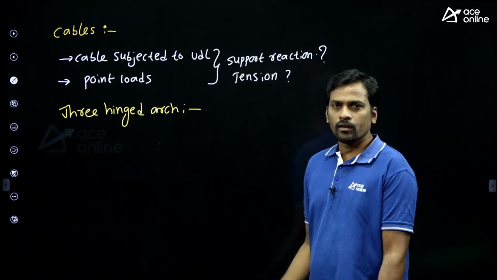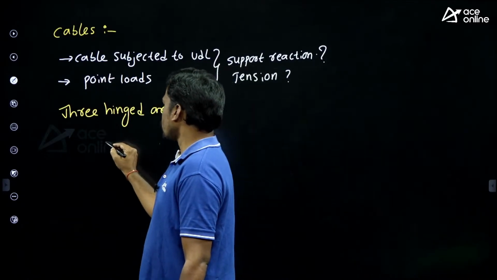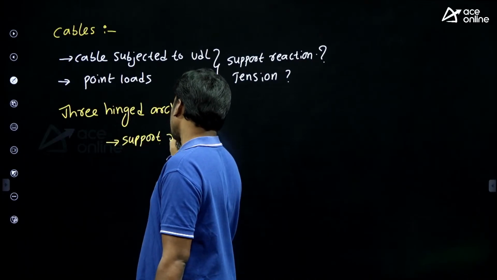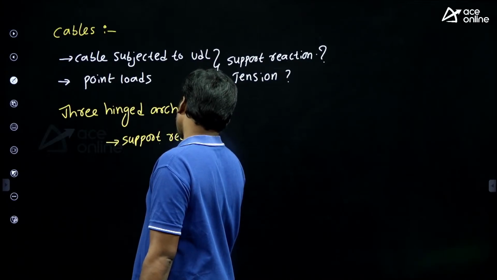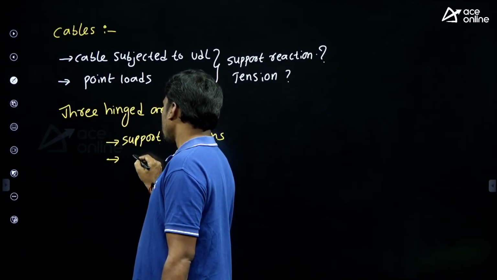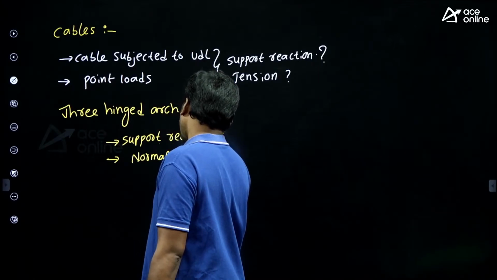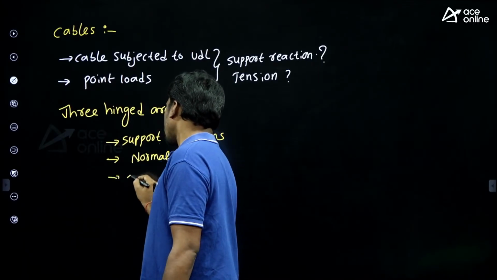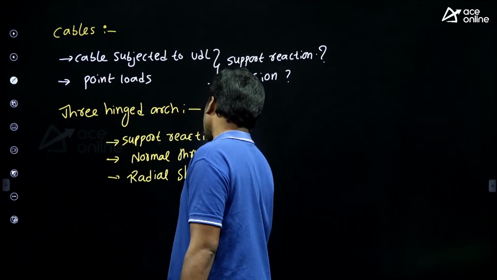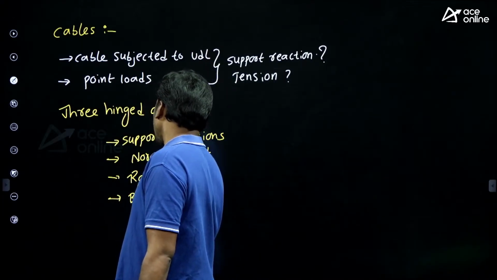So here, same thing: how to find the support reactions, how to find the normal thrust, next radial shear, then bending moment.